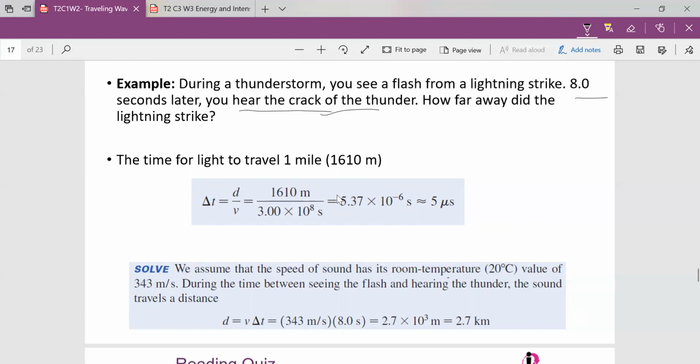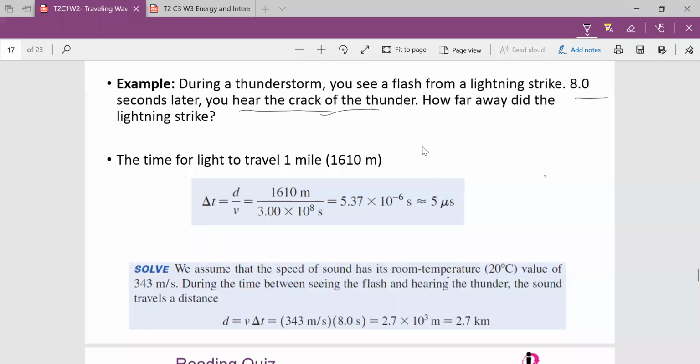Okay, so we're asked to calculate how far away the lightning struck.